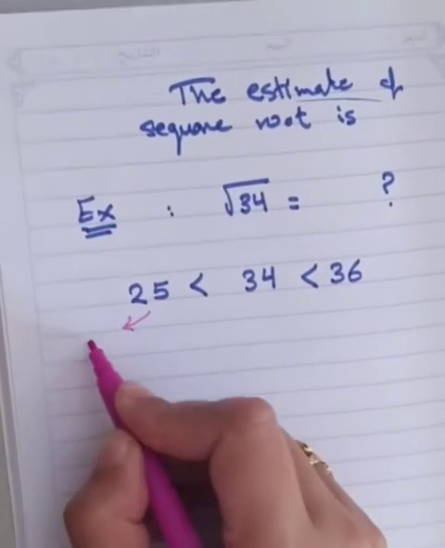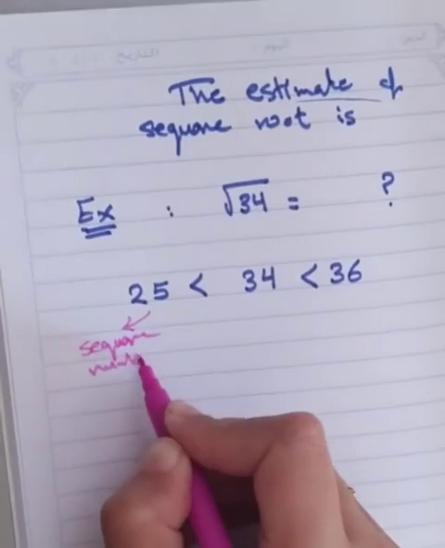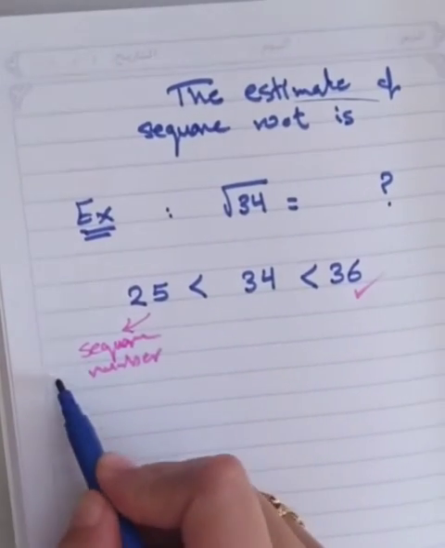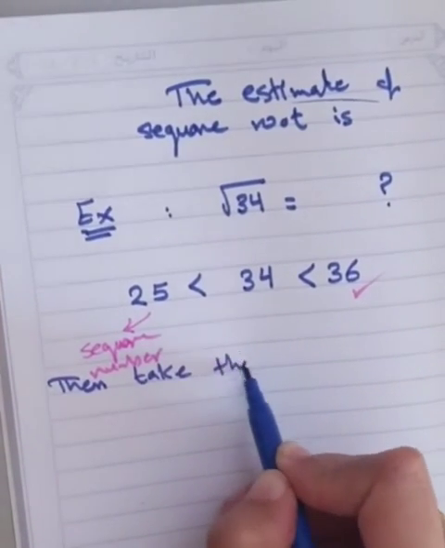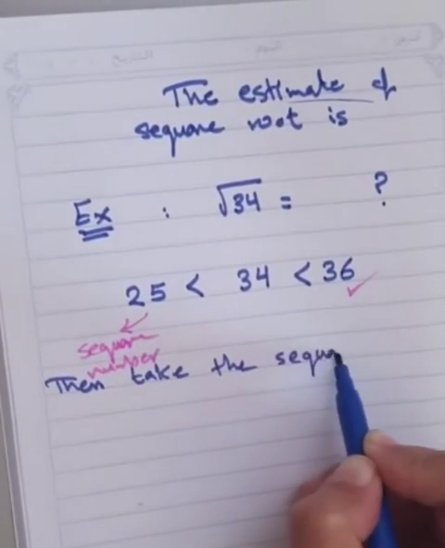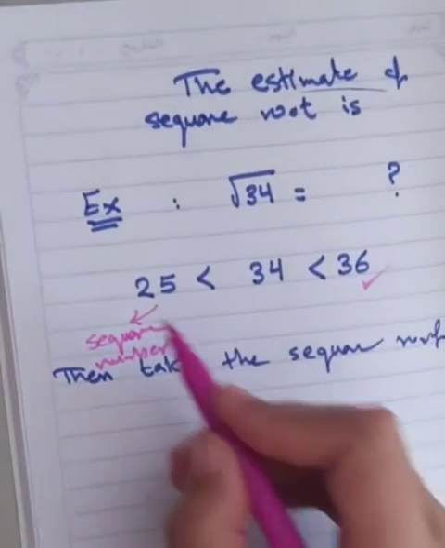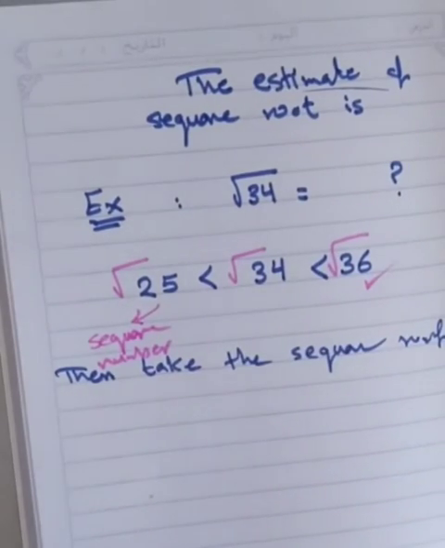Step number 2, take the square root of all of them. So the square root of 25 is less than the square root of 34 and the square root of 36.